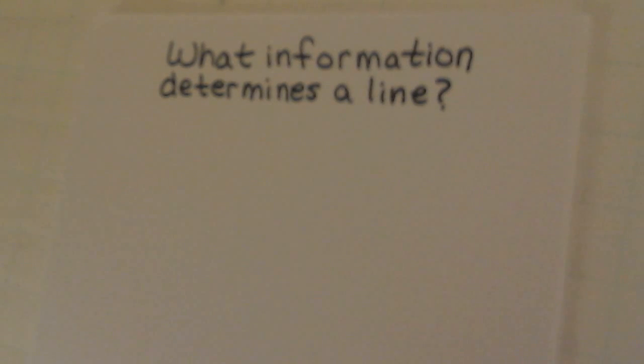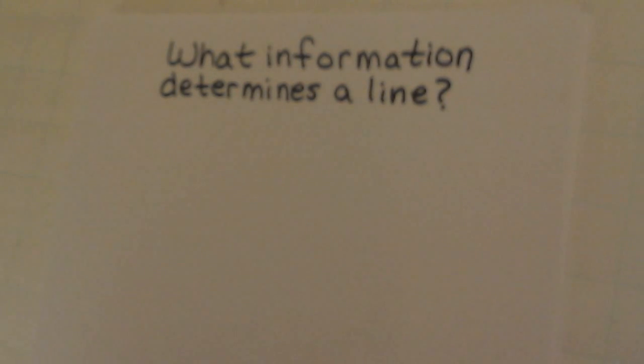I'd like you to pull out your Cornell notes that you took in class today. The next section that we're doing is 2.1.4, what information determines a line.